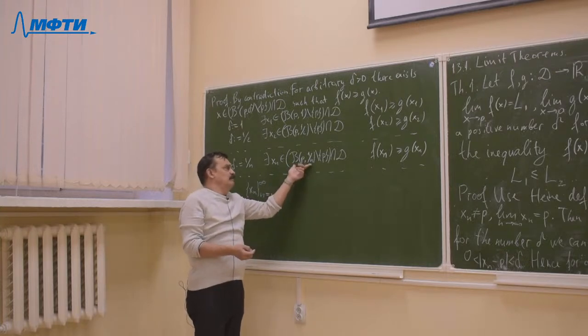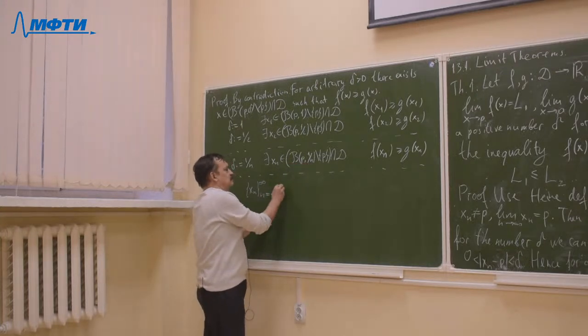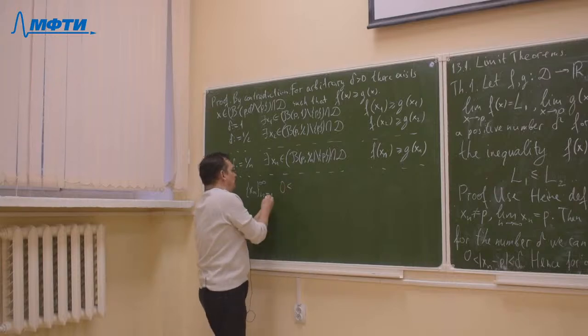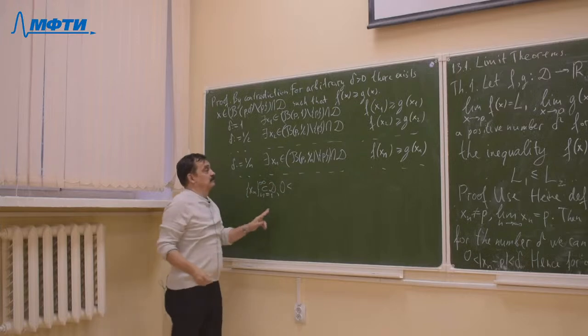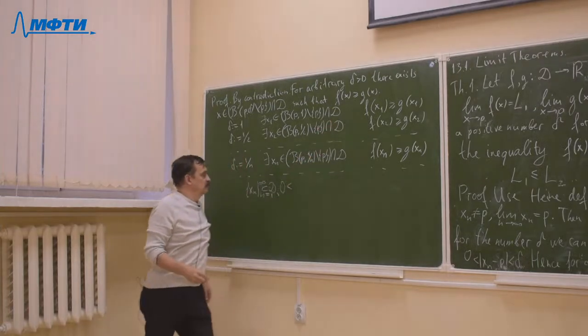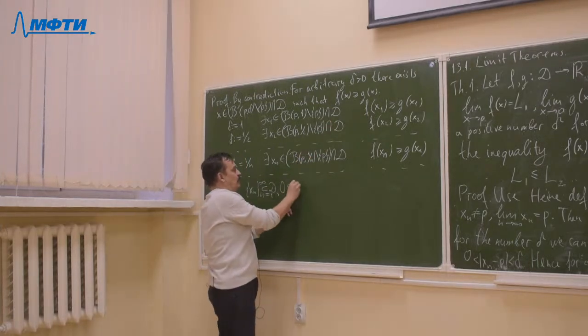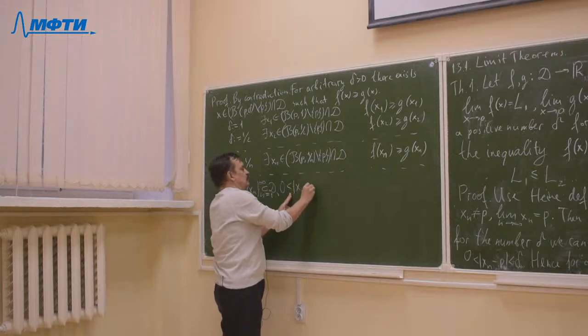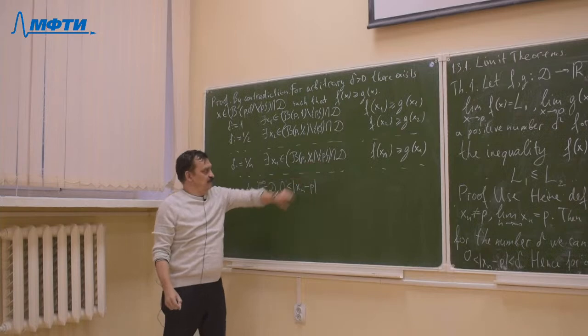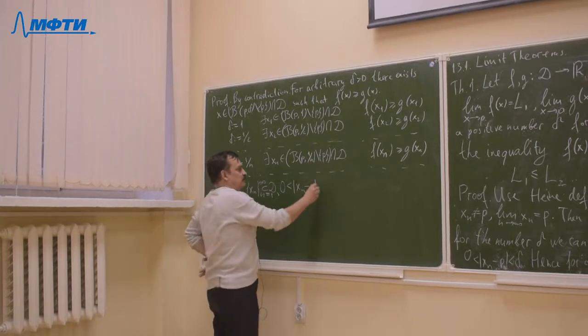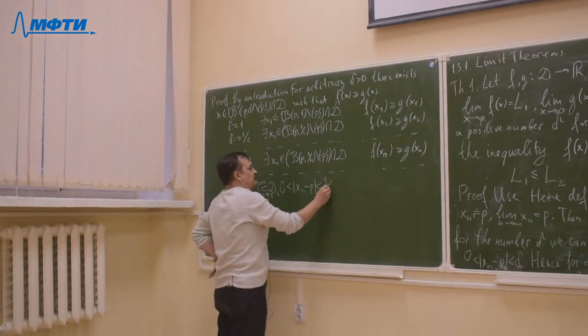This neighborhood means that we have the following inequality. First of all, all of them are in D, right? And also we have the inequality: the modulus of xn minus p is greater than 0 because of the punctured neighborhood, and less than 1 over n.